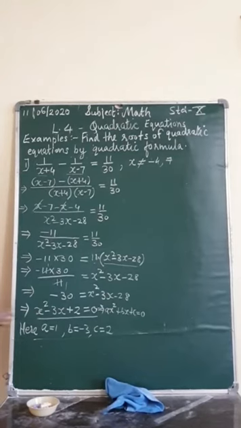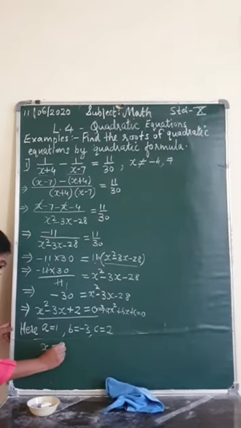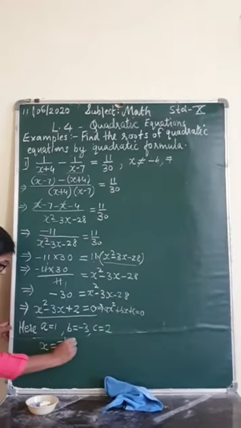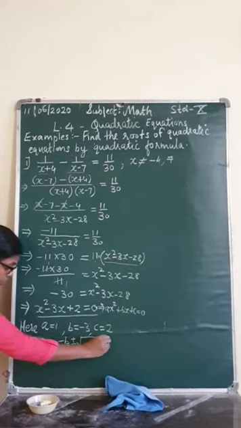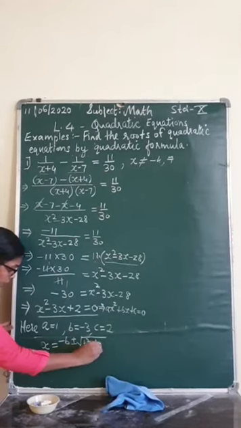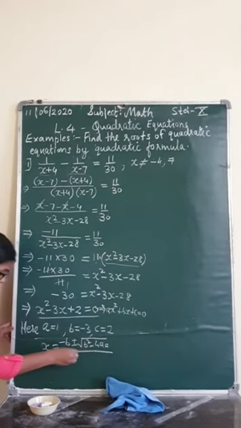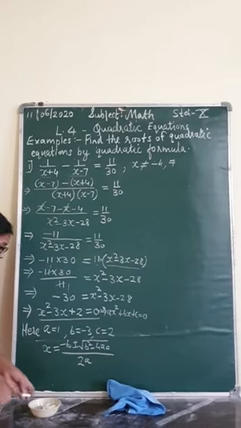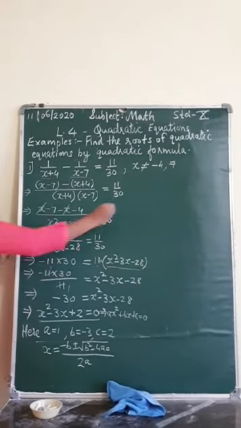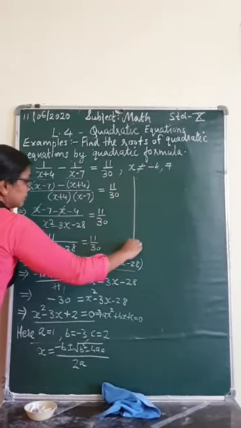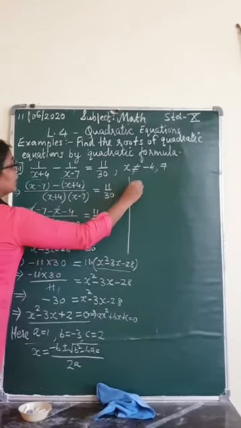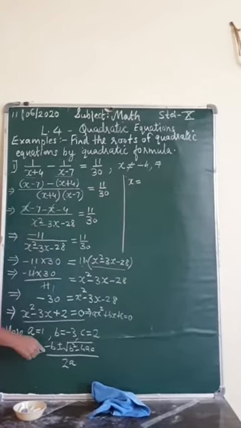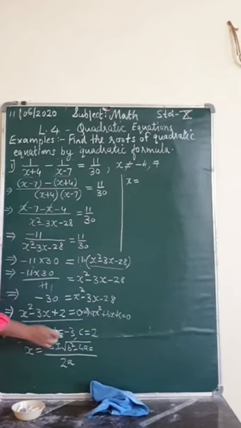Now you know how to find the roots using the quadratic formula, and that is x is equal to minus b plus or minus square root of b square minus 4ac upon 2a. So we are substituting the values of a, b, c, and that gives us x is equal to, what is b? That is minus 3.